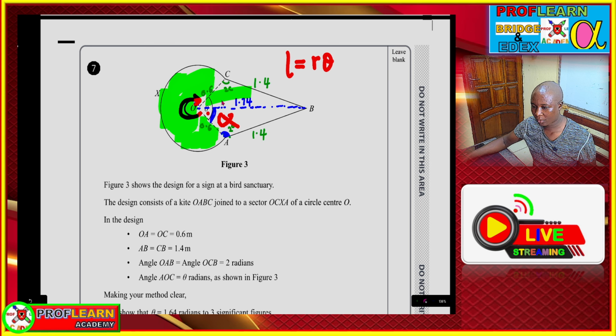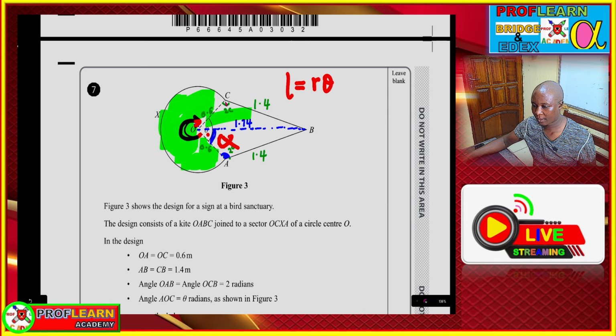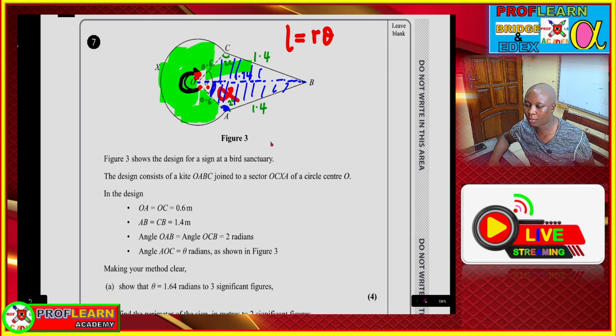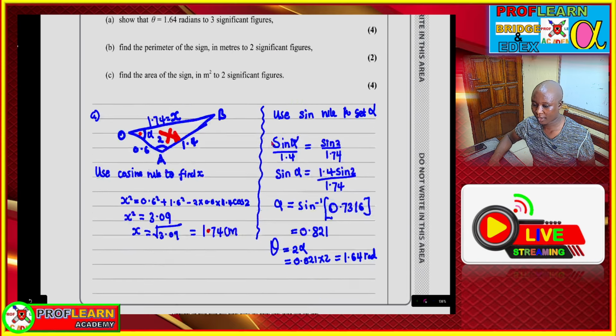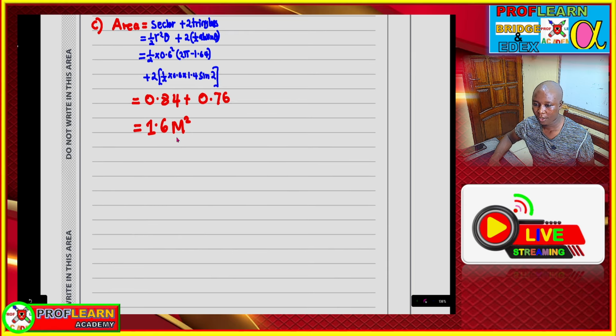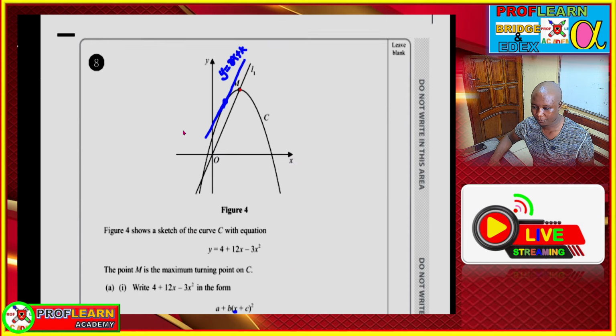I worked out the area of this triangle here and the area of this triangle here. So when I added all that, I got the area of that shape, which is the area of the sector plus the area of the two triangles, which gave me 1.6 meter square.